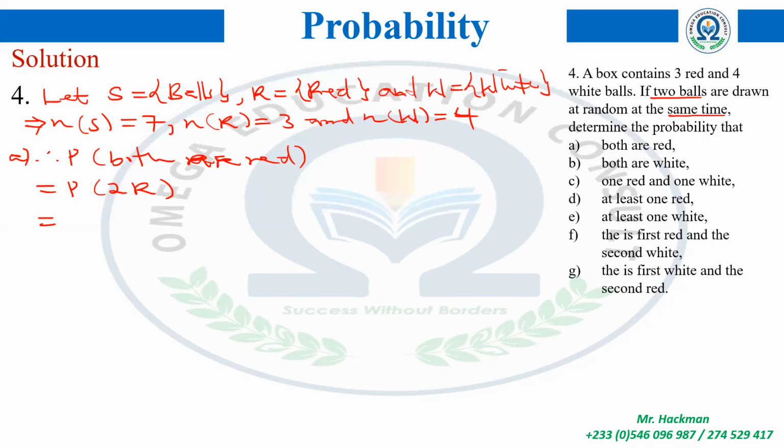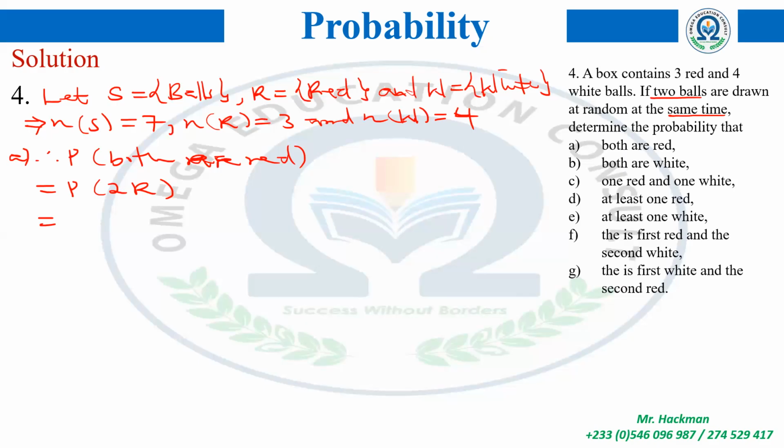When I was introducing you to the condition, I told you that you have to see at least one of them in the question for it to be applicable. So if immediately you read the question and you see without replacement, irrespective of whatever you have there, you can use combination. Once you see the selection done at the same time, you can still use the combination approach, which is the same as at once. At the same time means at once. You get it? Yes, please, I get it.